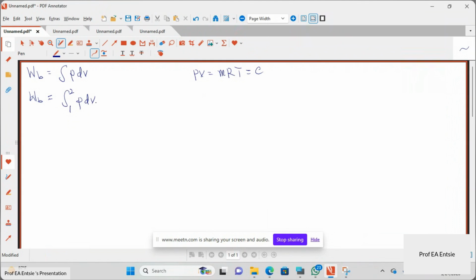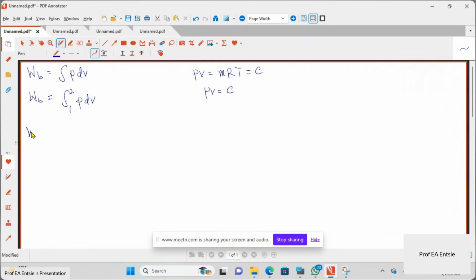So instead of saying PV equals mRT, we would say PV is equal to C. Of course, it's true because mRT is a value. Even pressure times volume will give you an answer, which is work done. Pressure times volume is energy, so it means it's a constant.